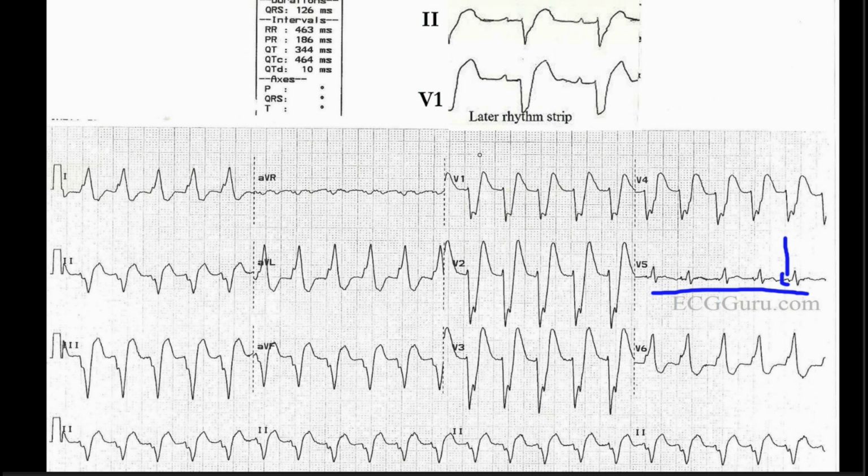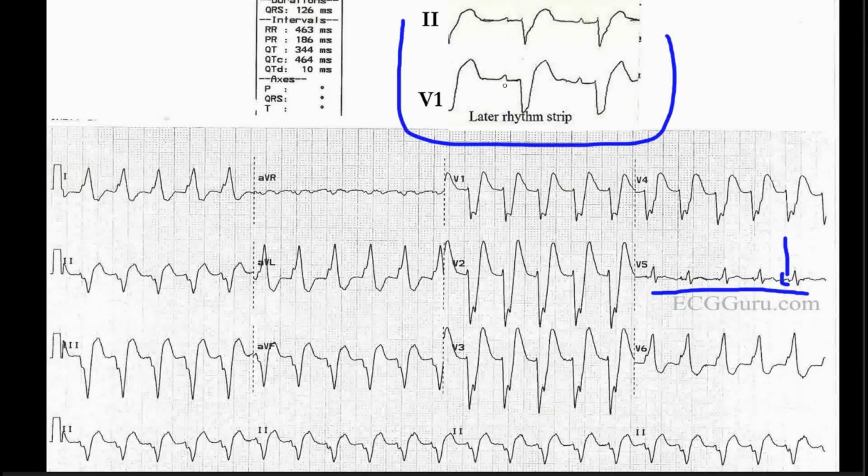The interesting thing about this patient is that after the rate was slowed down, either with medication or cardioversion, I don't remember which, the patient developed a sinus rhythm, which you can see here superimposed on this picture. This is a later rhythm strip, and we clearly have a sinus rhythm with probably a first-degree block, but we see P waves very clearly.